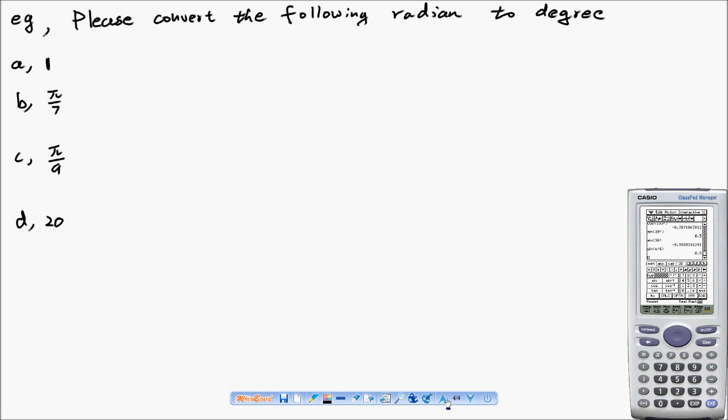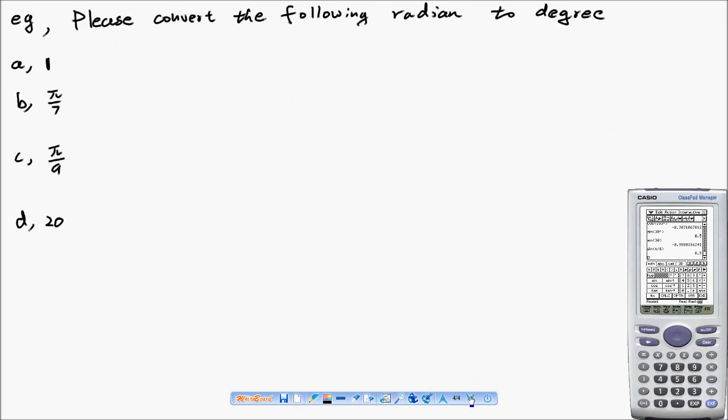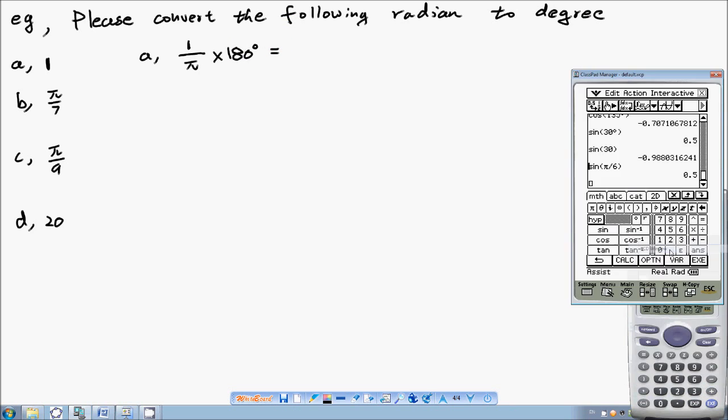Now what we do is we use the formula to convert radians to degrees: radians divided by pi times 180 degrees. So question A, we have 1 divided by pi times 180 degrees. Let's use our calculator to do this.